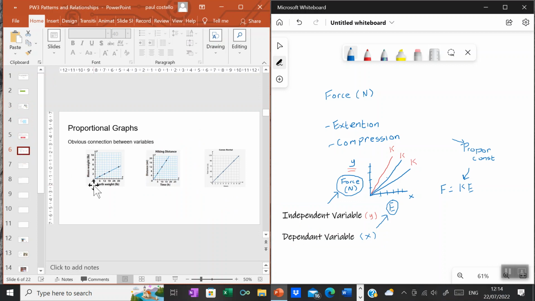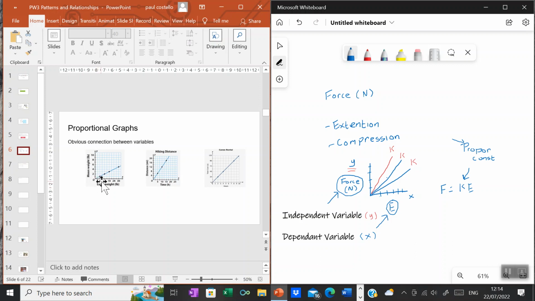Here are other examples of what are known as proportionality graphs. We can see that one variable is proportional to the other, and you get this nice straight line. Other proportionality relationships between phenomena: if you take, for example, your weight on the Earth in relation to your weight on the moon, and plot those two against each other, in pounds, you will get a directly proportional relationship between the two.